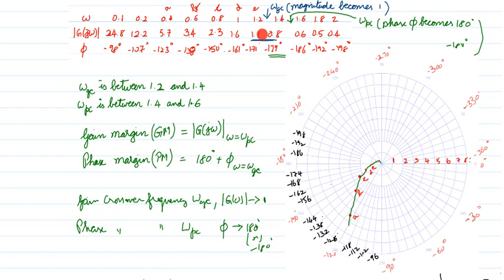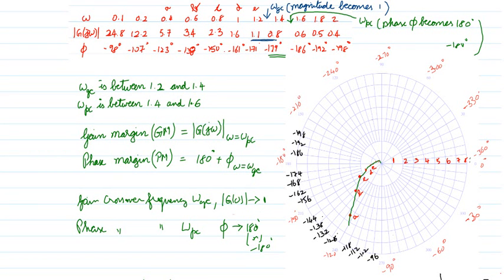We are getting 1.1, and immediately we are getting 0.8, so 1 is somewhere in between. For 1.2 I am getting 1.1, for 1.4 I am getting 0.8. So the gain crossover frequency, at which the magnitude becomes 1, is between 1.2 and 1.4, right? That is what I have written.